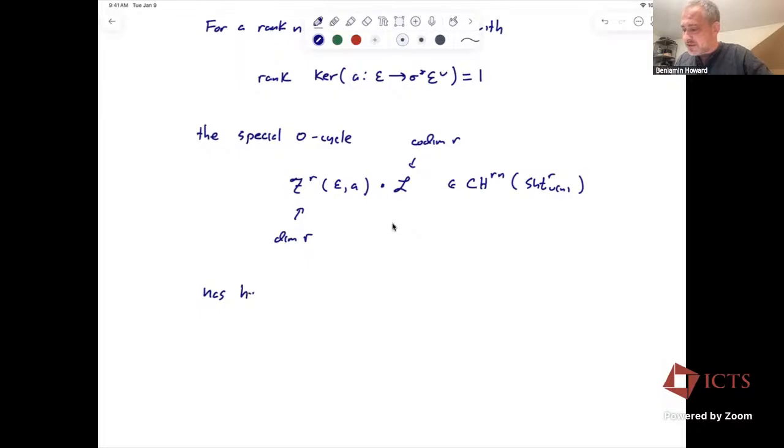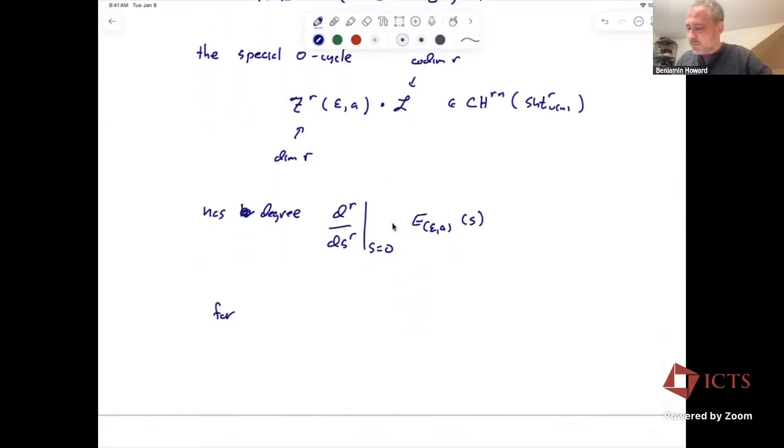This special zero cycle has degree the central rth derivative of the EA Fourier coefficient of some Eisenstein series E(H, s) on the quasi-split U(n,n) over the field of rational functions of our curve.